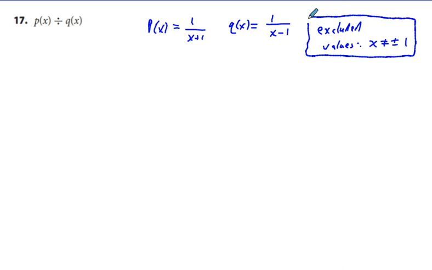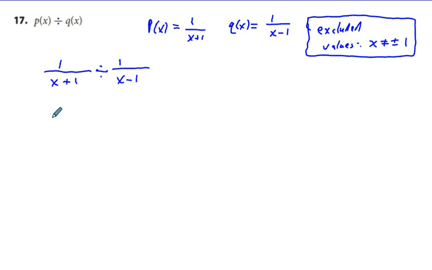So now we're going to take a quotient of these two expressions. We're going to take one divided by the other one. So we're going to have p of x, which is 1 over x plus 1. And we're going to divide by 1 over x minus 1.